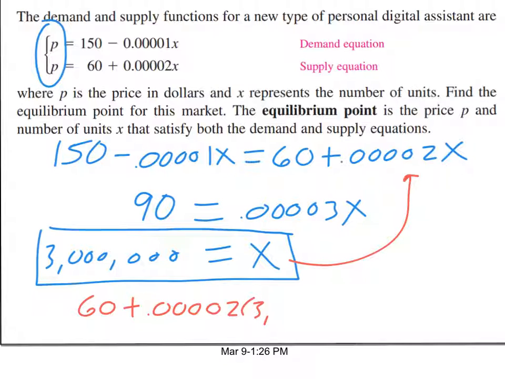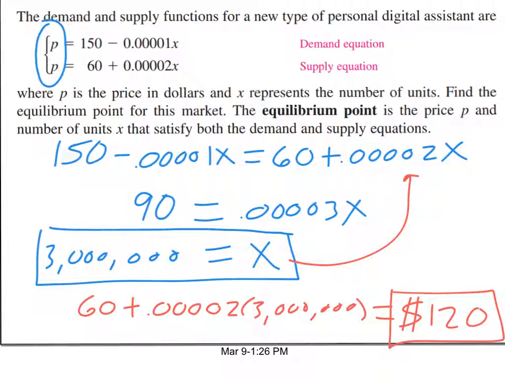I need to plug in 3 million. Now this is kind of nice because I'm getting P, but once I had x, I actually don't have to solve anymore. This just needs to get plugged into a calculator to get your value for P, which is your price, which would be $120.